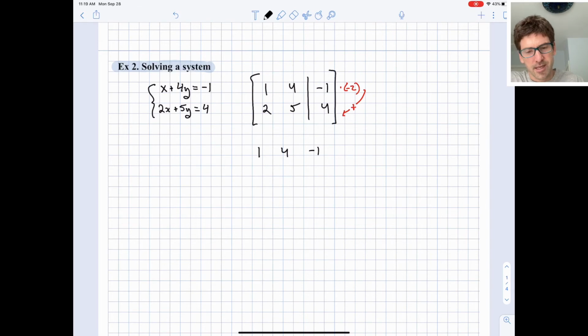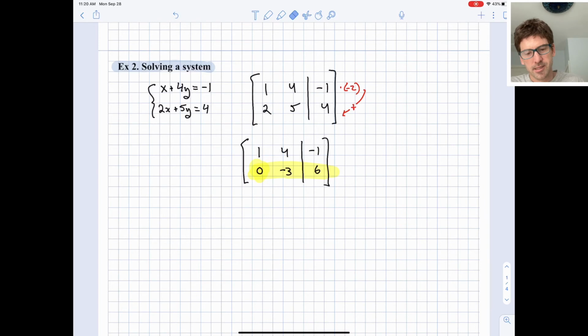And that gives us a 0, -3, and a 6. So maybe you're seeing what that did. What that really got us is this 0 right here. And basically our new row 2 says that -3y is equal to 6. And it'll be easy to solve for y from there.